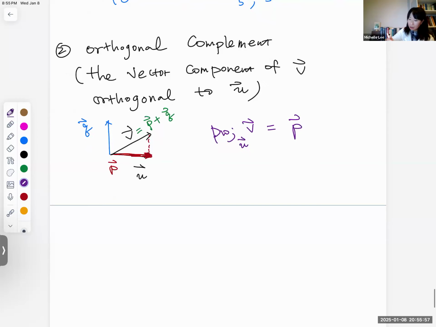Okay, how about this way? What if we have vector V this way, and then vector U is here, the same direction as earlier. How about vector Q here?